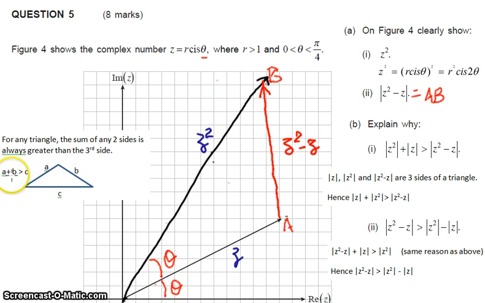So, in this triangle, A plus B is greater than C. So, we're going to apply this concept here into this triangle formed by the three complex numbers. So this will give you the modulus of z squared, the modulus of z squared minus z, and the modulus of z. So the sum of any two sides will definitely be greater than the remaining side according to the triangle inequality. Hence, we prove.